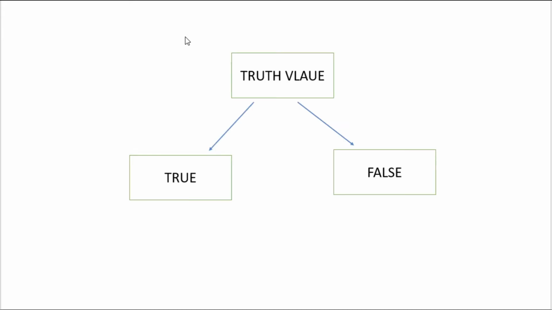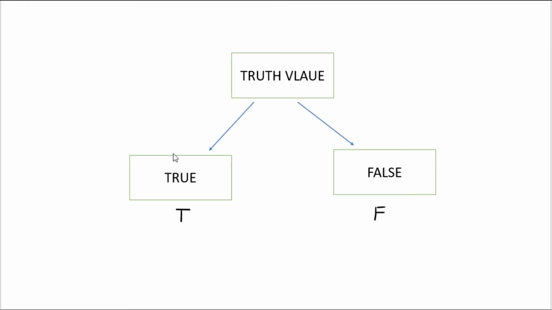Now we shall come to the truth value of a statement. A statement can have only one of the following two truth values. The truth value of a statement can be either true or it can be false, and these are abbreviated as T for true and F for false.